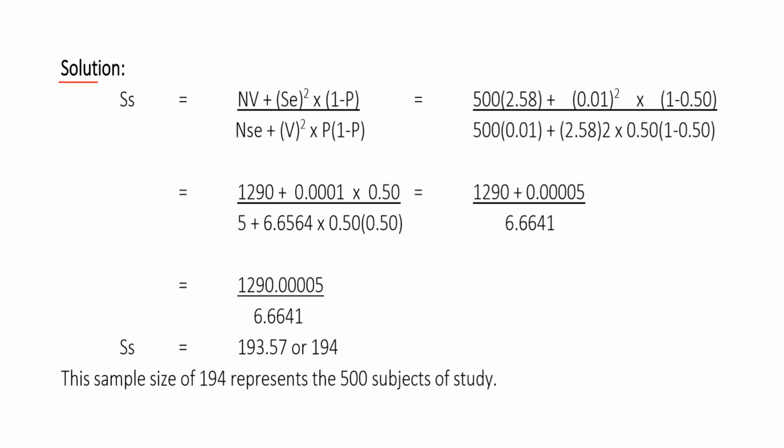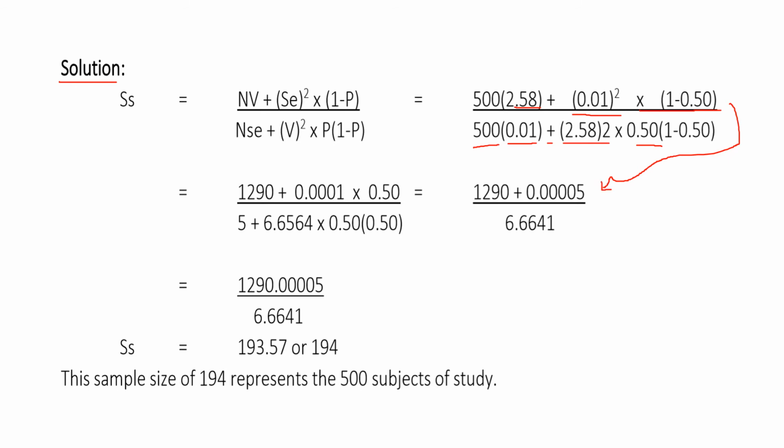Now, for our solution, substituting the given values, we substitute 500 multiplied by 2.58 squared, multiplied by 0.5 times 1 minus 0.5, all over 500 multiplied by 0.01 squared plus 2.58 squared multiplied by 0.5 multiplied by 1 minus 0.5.